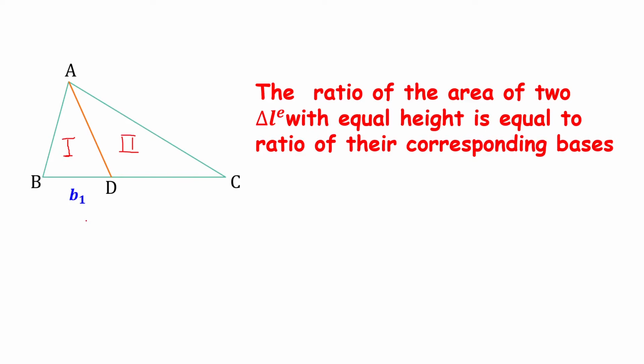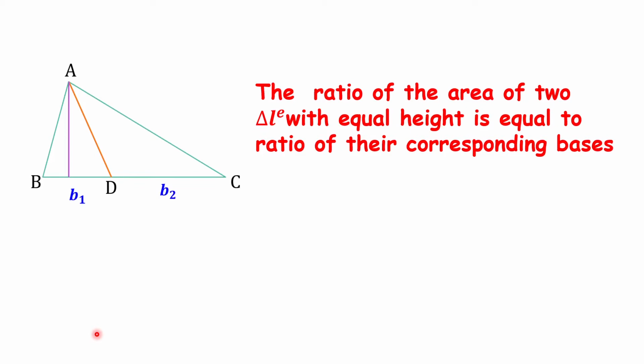Let we write B1, and the base of second triangle, that is triangle ADC, is B2. These two bases lie on the same line BC, and the opposite vertex of the base is common. Therefore we say that these two triangles have equal height.